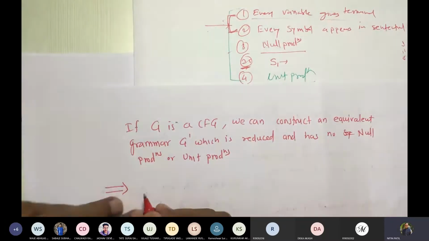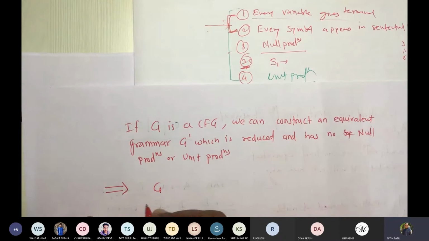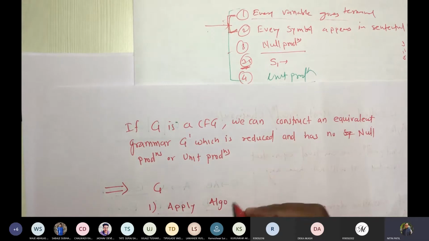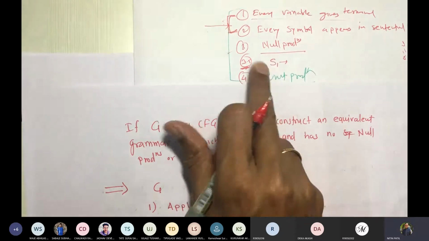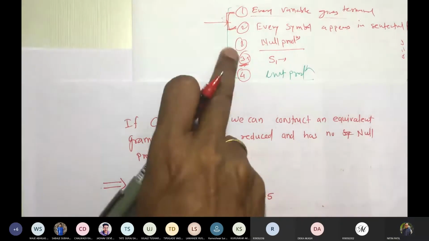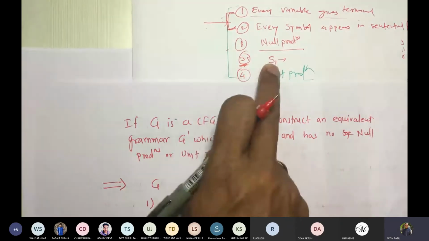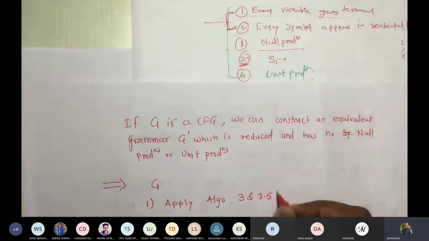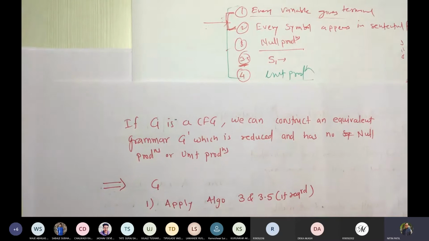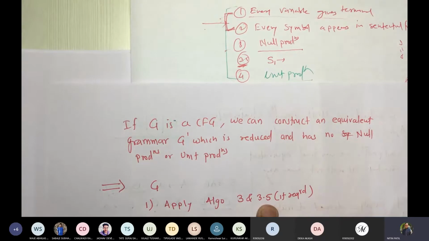Okay. So now to do this, suppose you have been given grammar G. First of all, you will apply algorithm number 3 and 3.5 in order. 3 means null production. 3.5 means introducing S1 if required. This 3.5 is if required, because if epsilon is not part of L(G), if S is not nullable, then you don't apply this 3.5.